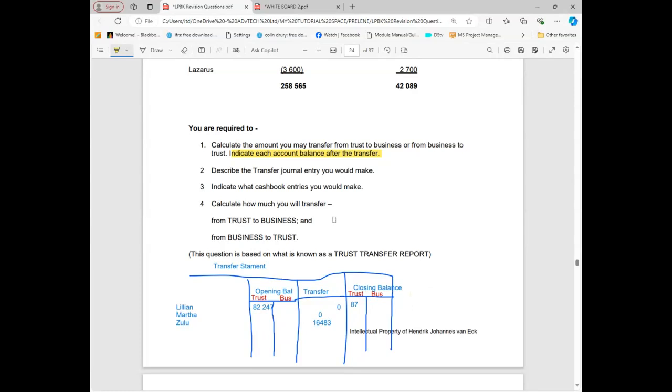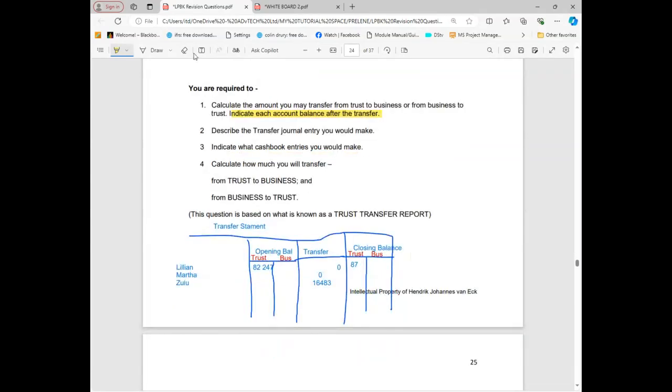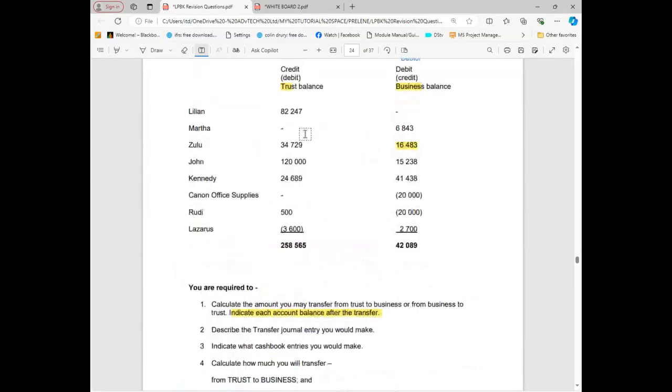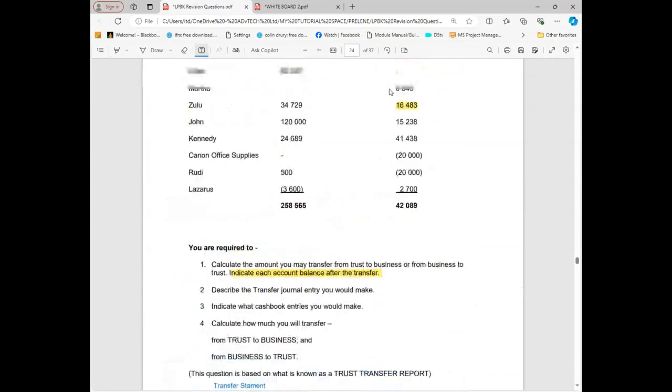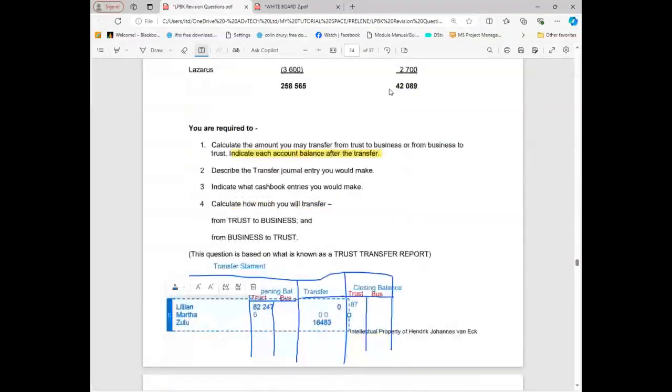So for Martha, let's try Martha. Let's say for Martha, the balance was 6,843, but it was business, remember? So it will be 6,843. That was the business. I'm going to put it under business.